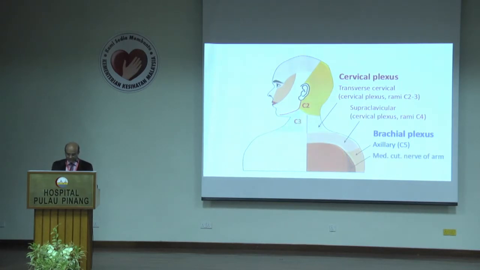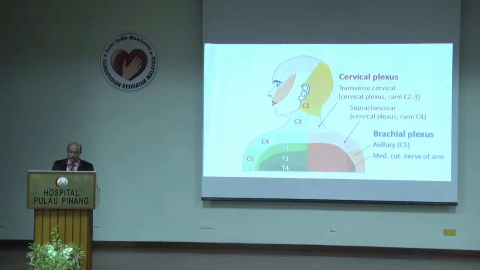And then if you look at the dermatomal supply, you will have C3, C4, and then C5 together with T2, T3, and T4. So this is the cutaneous dermatomal supply and the nerve supply of the shoulder.